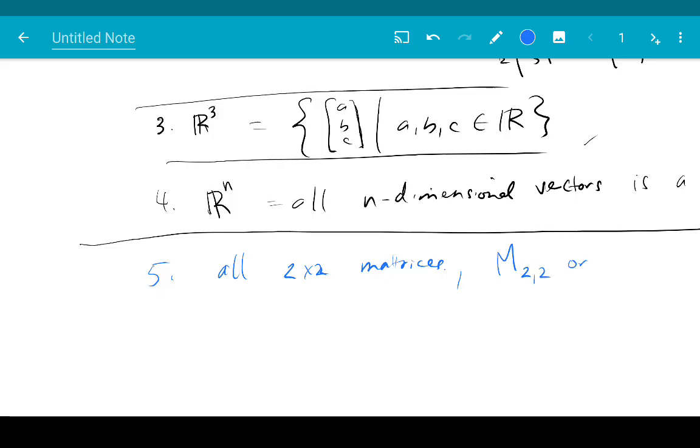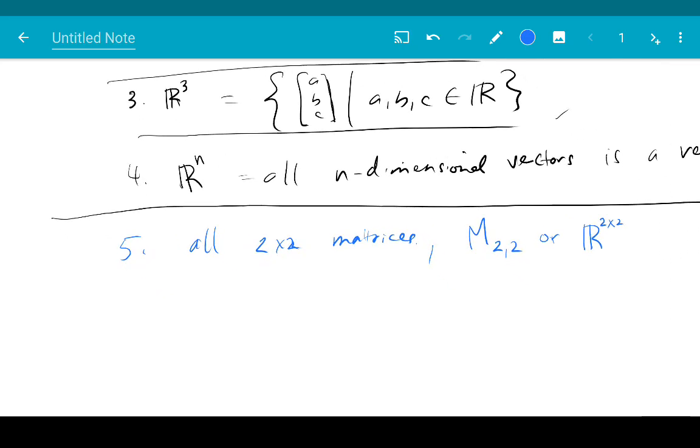Or some people use that R notation again, but they write 2x2 as the exponent to indicate that it's real numbers, right? The matrices are (a, b, c, d), where a, b, c, and d can be any real numbers, an arrangement of real numbers in a 2x2 pattern. That's why they use that notation. So you could describe this set as M, where 2 and 2 are the rows and columns, or R2x2. They mean the same thing.